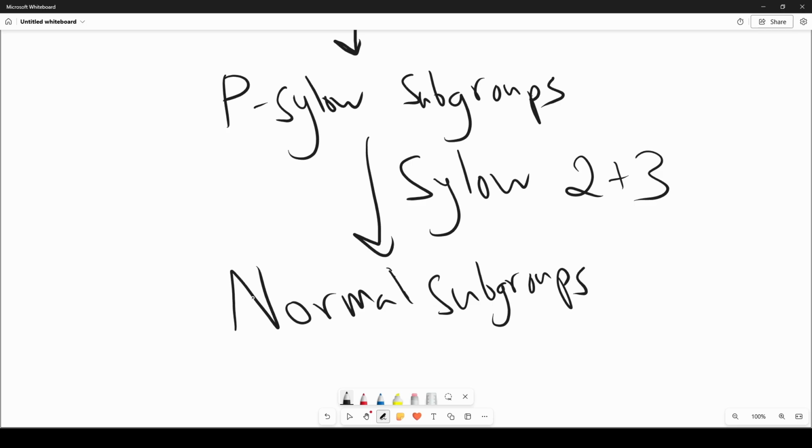So now we can prove the existence of many different kinds of subgroups. A natural question that we will find is very fruitful is, when are some of these subgroups normal?